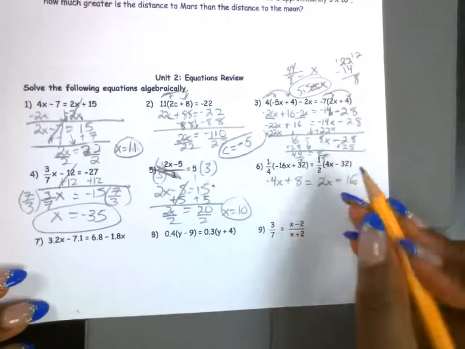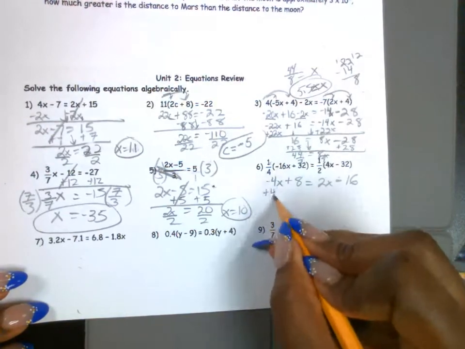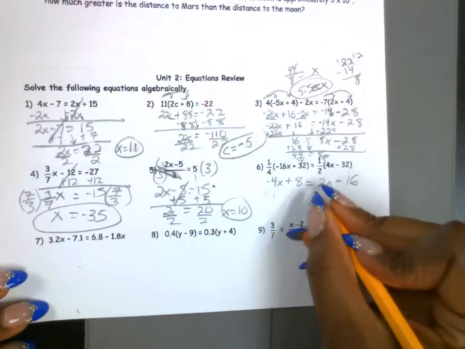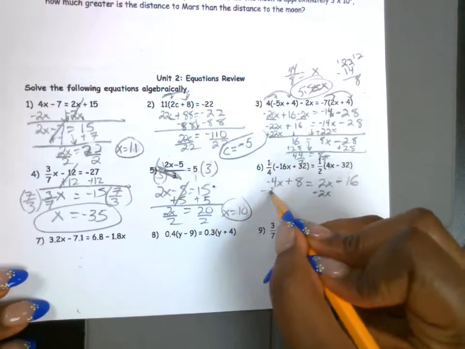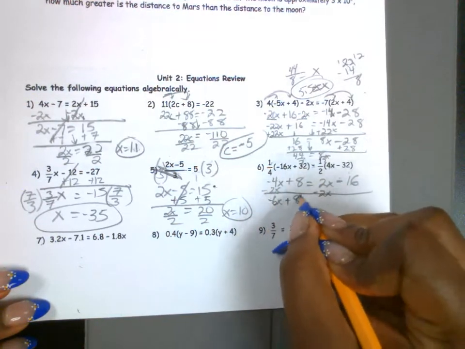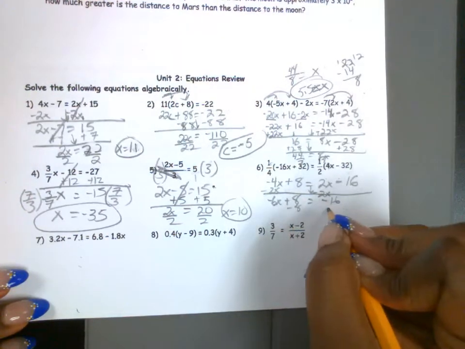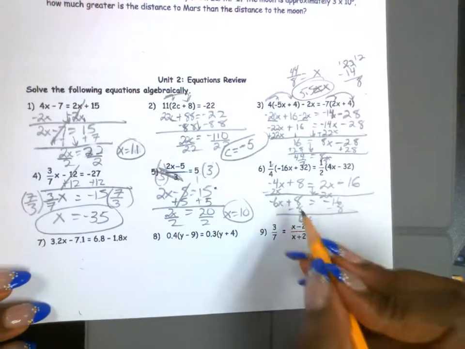Move the variables to the same side. Just move this one. Subtract that. It'll be fine. So we get negative 6x here plus 8 is equal to negative 16. Subtract 8 on both sides. This gives me 6x there.